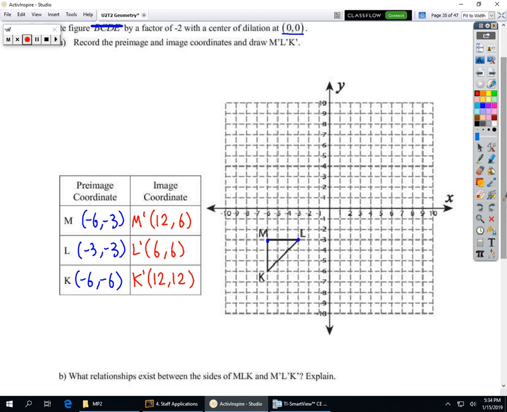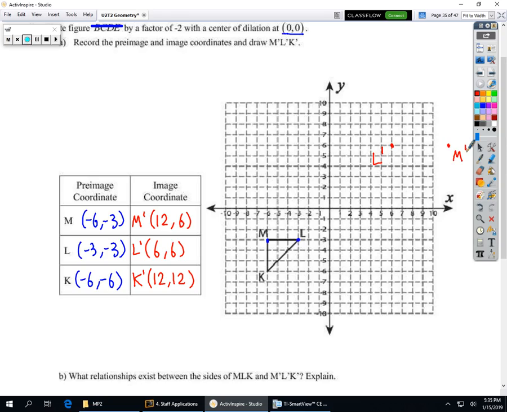The first point that is at least on the graph is 6, 6. So let's do that. 6, 1, 2, 3, 4, 5, 6. That is L prime. M prime is 12, 6. 1, 2, 3, 4, 5, 6, 7, 8, 9, 10, 11. Let's just say 12 is on the end of the x, and that's about there. So let's call this one M prime.